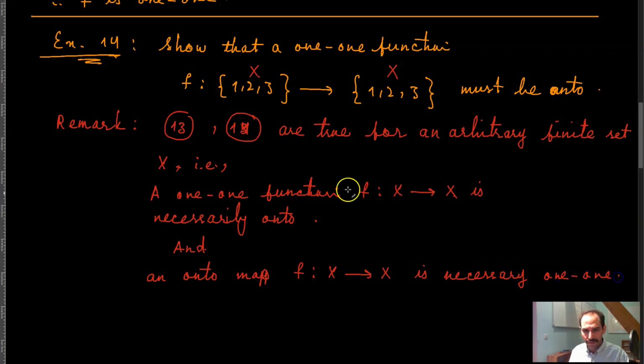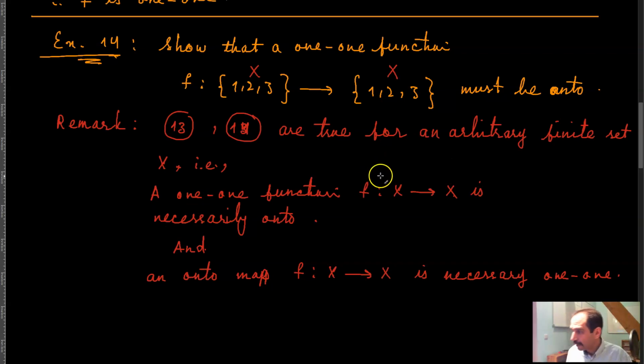And of course, in both of these cases, it's necessary that we are talking about the same sets X and X, and it's necessary that X is a finite set. If it's an infinite set, then these two rules are not necessarily true.